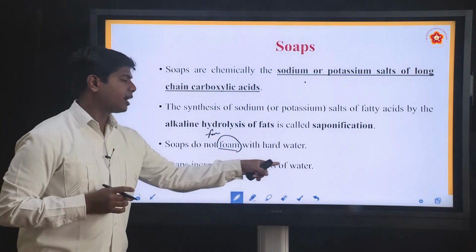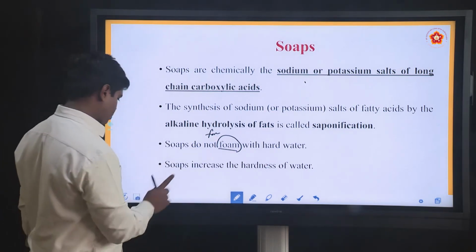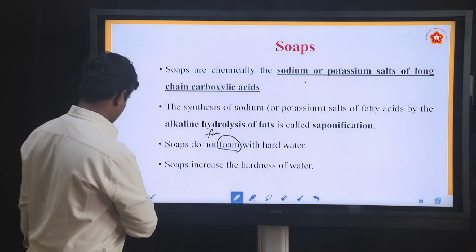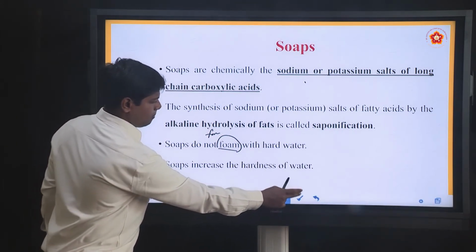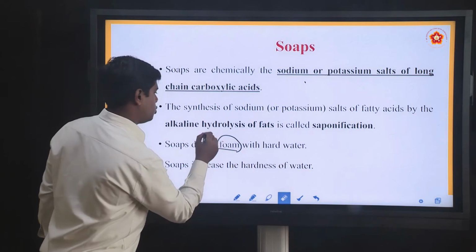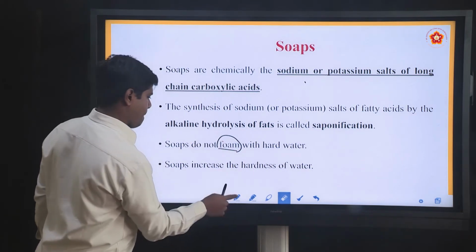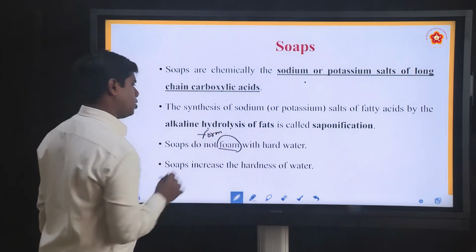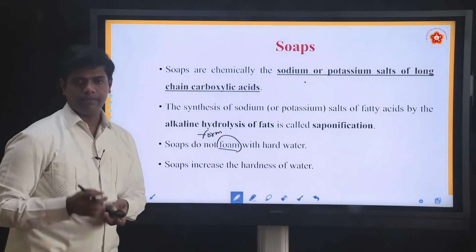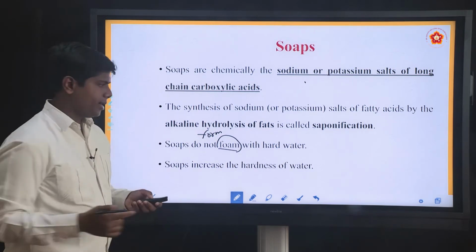Soaps increase the hardness of water. Please note down these points.